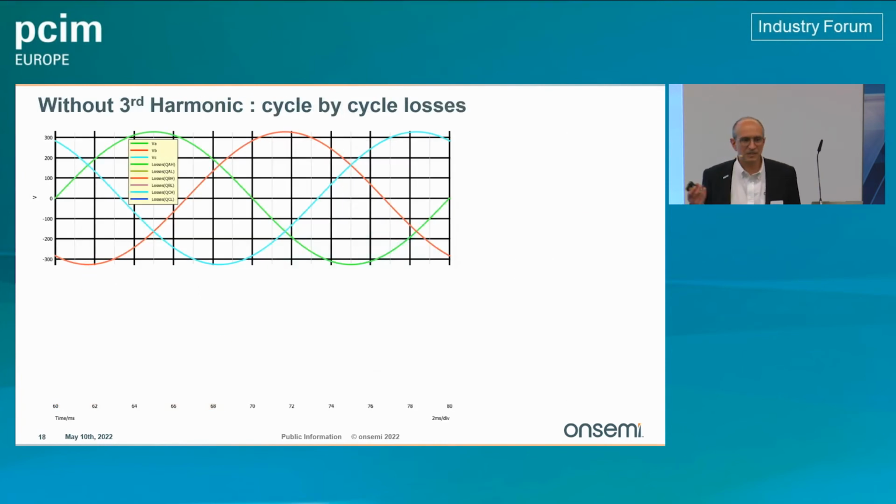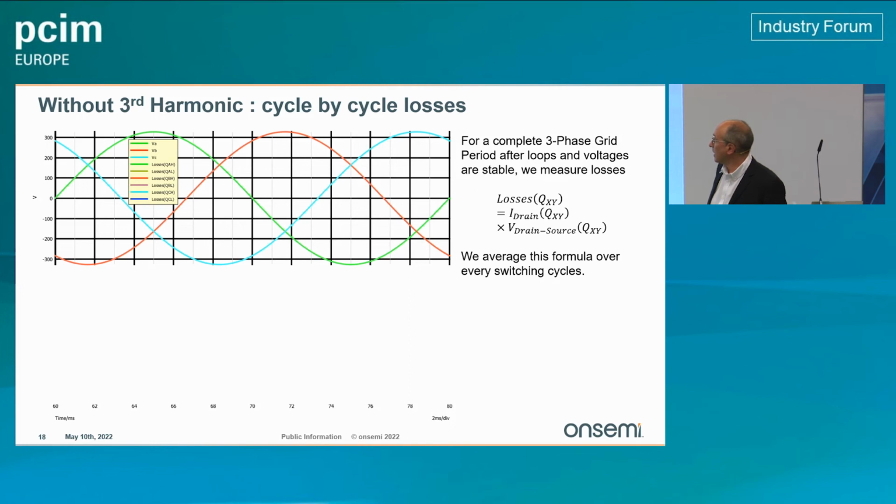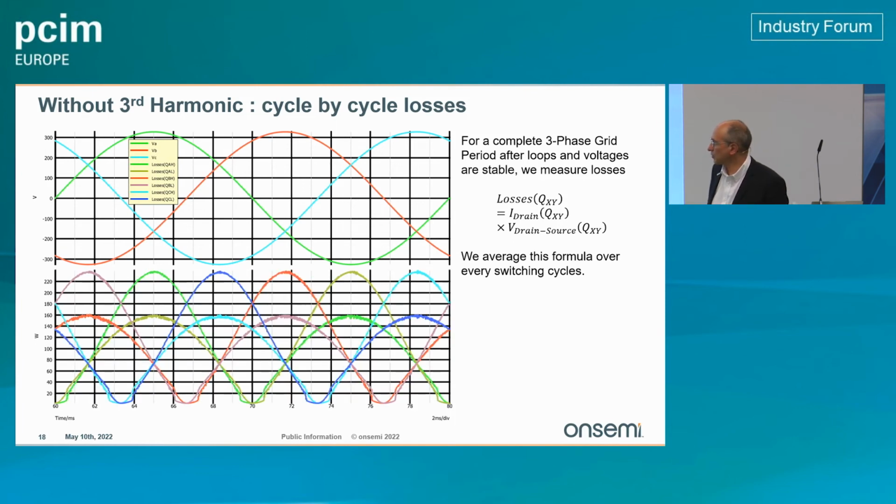So this is my input waveforms, basic sinusoidal input voltage. And then to calculate the losses, it's straightforward. I multiply the drain current with the drain voltage, drain to source, and I apply an average formula over the switching cycle. And I obtain those results.